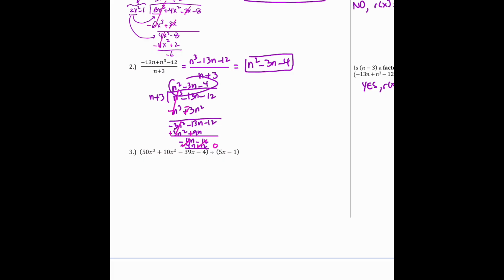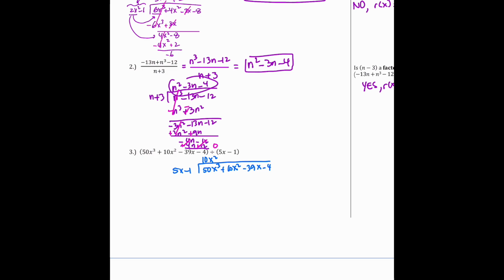So we're doing 50x cubed plus 10x squared. I'm just checking to make sure that the terms are in descending order of degree. And this gives me first, so 5x goes into 50x cubed 10x squared times.